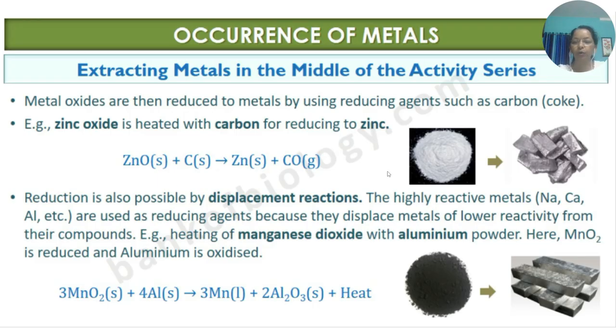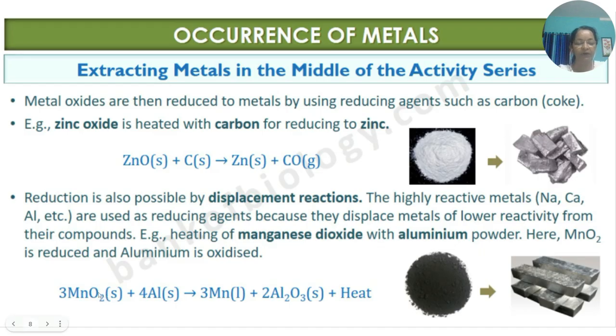But before going to that purification method, we have some more examples given here. We use the reduction process for some other purposes also. Reduction is also possible by a displacement reaction. That means if you use a more reactive metal, we can displace the metal from its oxide.